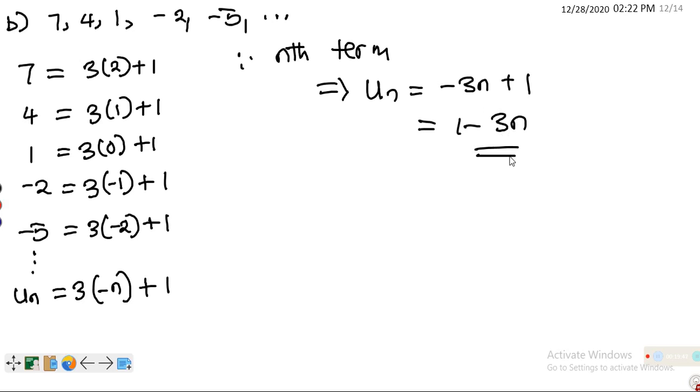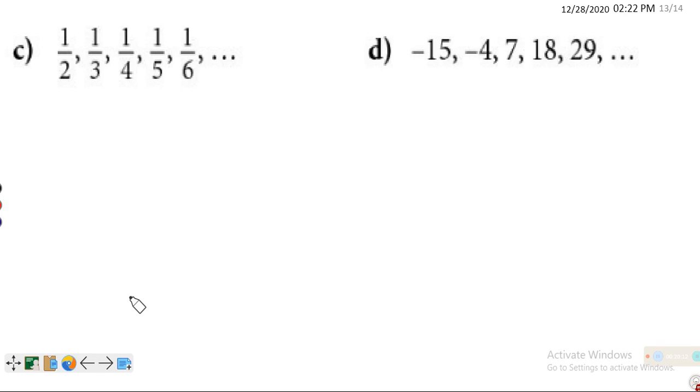Are you following, guys? Write down the first term, write down the second term, find the difference between them, and express that difference as a multiple of a number that will continuously generate the next term, and then you derive a formula, and then you continue.